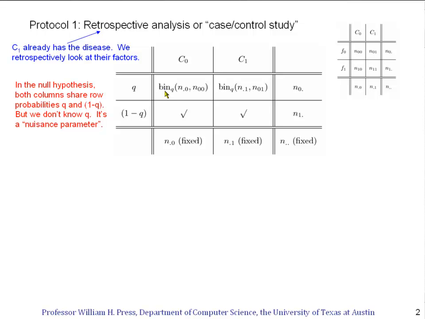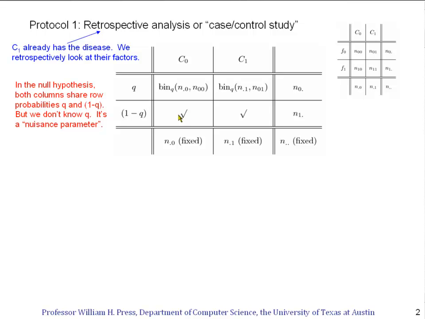It's the binomial probability, when the probability is Q for each individual event, of drawing n00 events out of n.0 tries. And then I've put a check mark in this box to show that there's no new probability here. Once we know the number in this bin, then because this marginal is fixed, we know the number here.